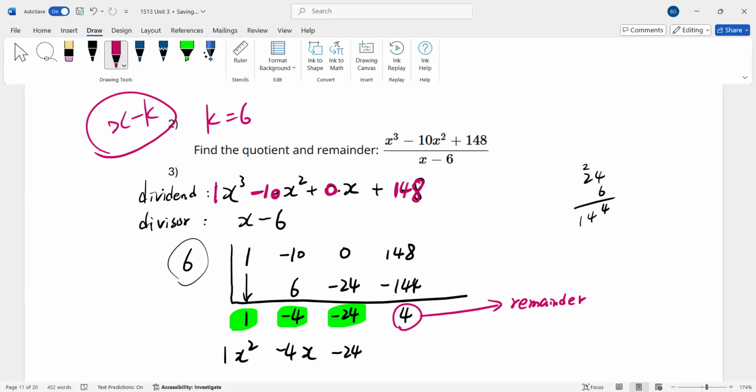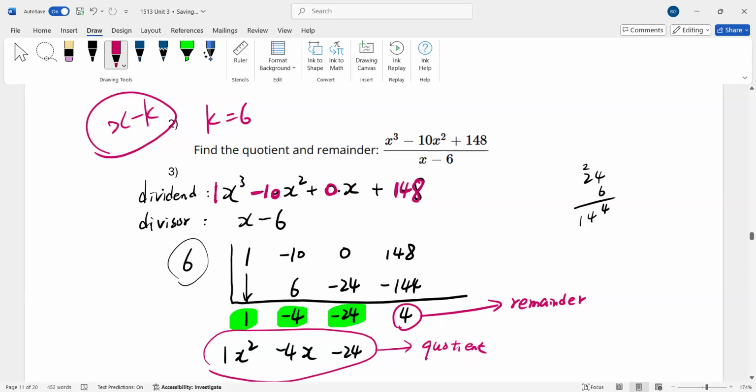So this is the quotient. In this case, the dividend has degree 3 and the divisor has degree 1, so 3 minus 1 is 2. The quotient is supposed to have degree 2, and it does. And the remainder is a constant. So the quotient is x squared minus 4x minus 24.